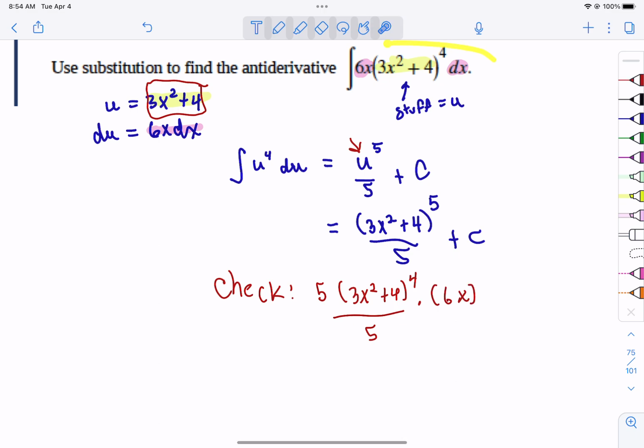Isn't that exactly what's sitting inside there? So you can check your work very quickly if the derivative of what you have is sitting inside. The derivative of an integral is the function inside. So if we want to check our work, you sometimes can just kind of glance at it and think about what the derivative is. You don't have to necessarily do that on paper. But that is a perfect match. Okay.